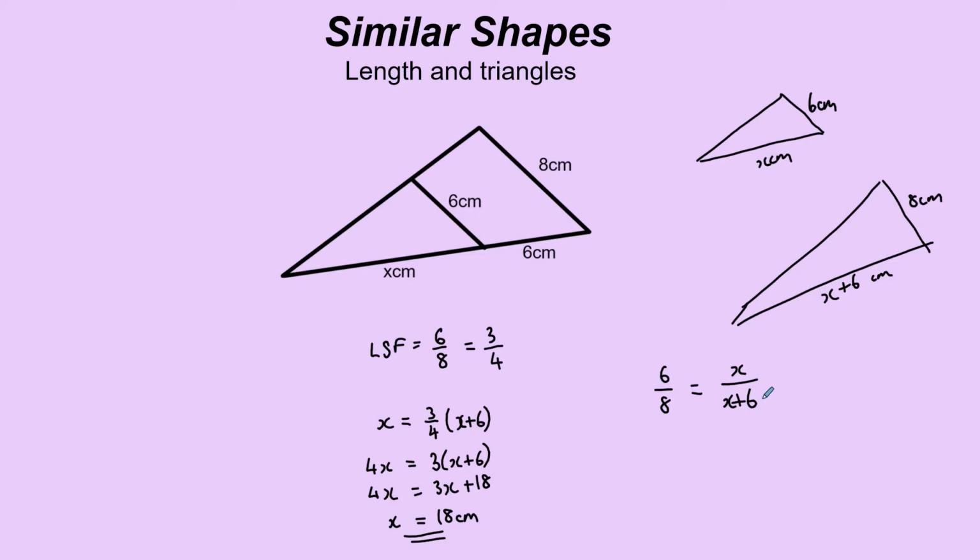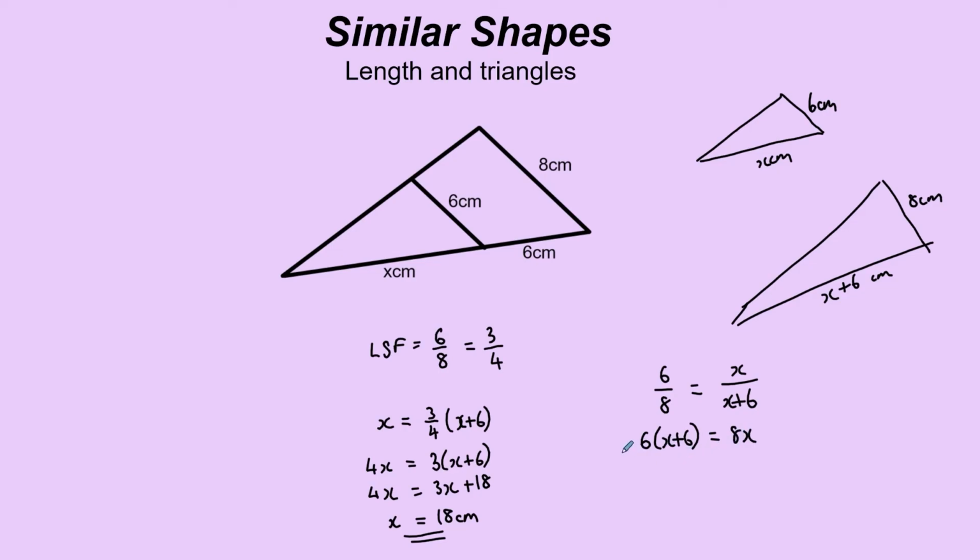Now we want to try and remove the fractions here. The easiest way to do that is to cross multiply, which means we're multiplying both sides by the opposite denominator. So here I'm going to get 6 bracket x plus 6 equals 8x.